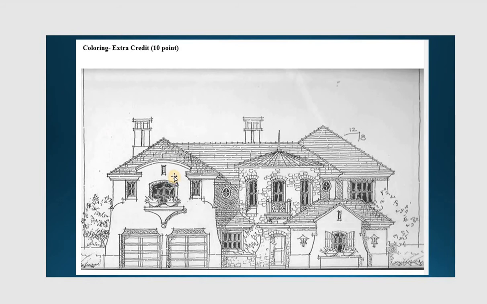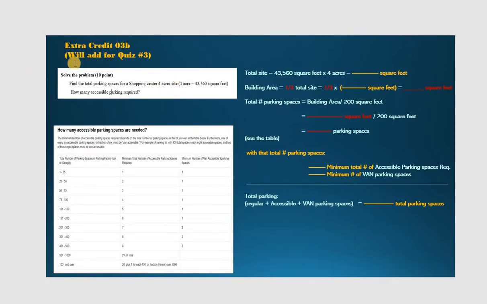About extra credit 3B, this is solving the problem. If you look at this, I give you a total parking space for a shopping center of 4 acres. In architecture, before you design the parking space, you need to know the group of the project. For example, a shopping center needs a lot of parking, so the ratio you calculate is different from retail or a working area.